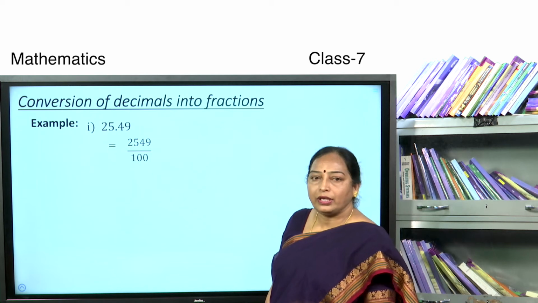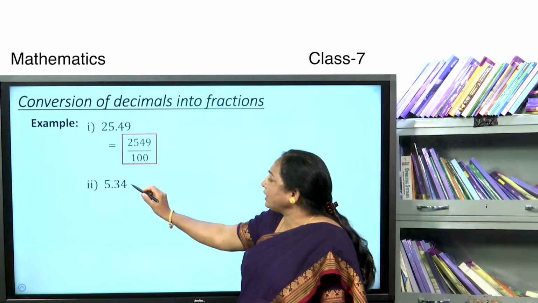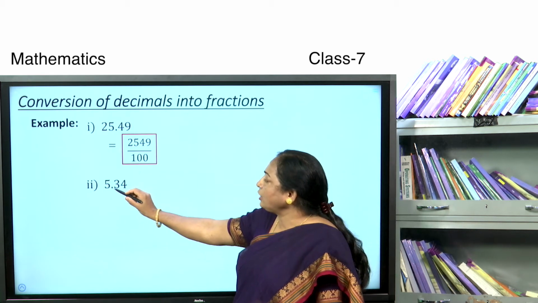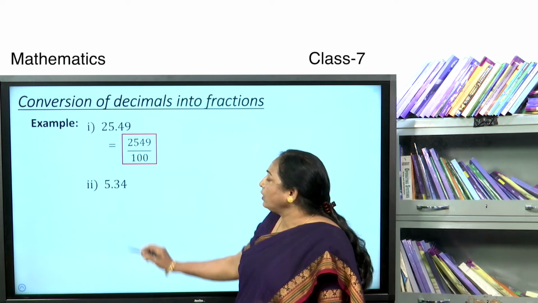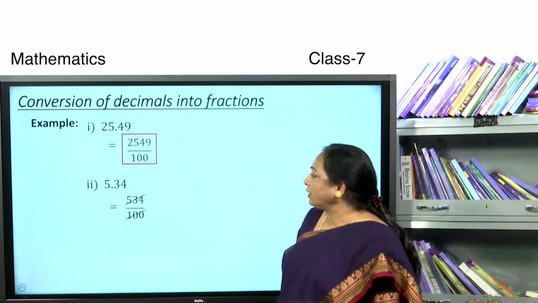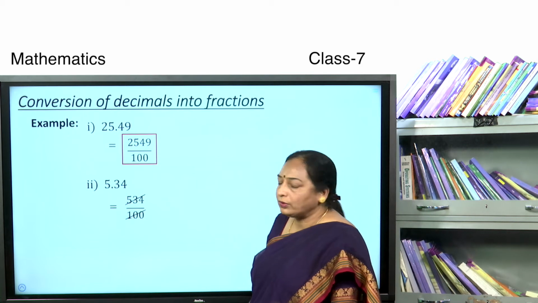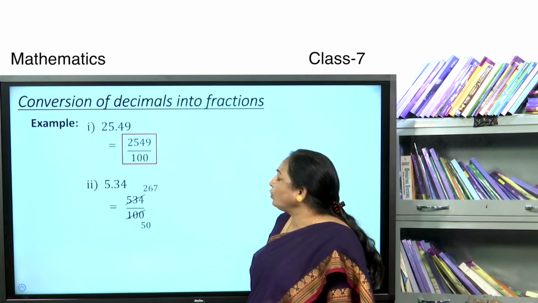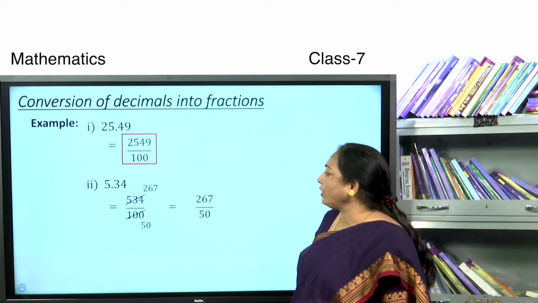Next, see one example, 5.34. There are 2 digits to the right of the decimal point. Therefore, we write the fraction form 534 by 100. We can simplify this, both are divisible by 2, therefore 2 fives are 10, 2 sevens are 14... so the answer is 267 by 50.